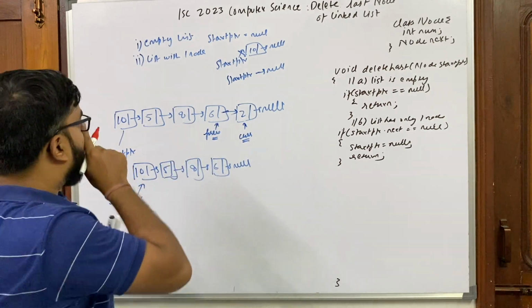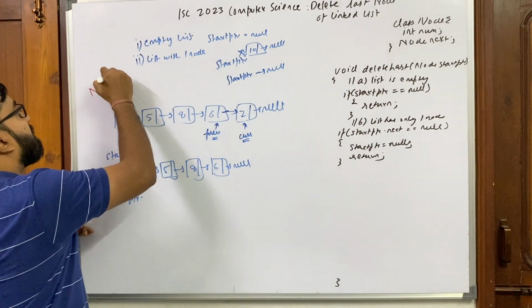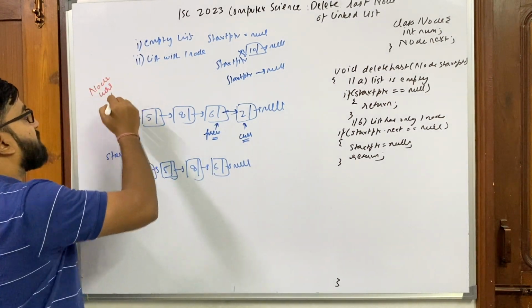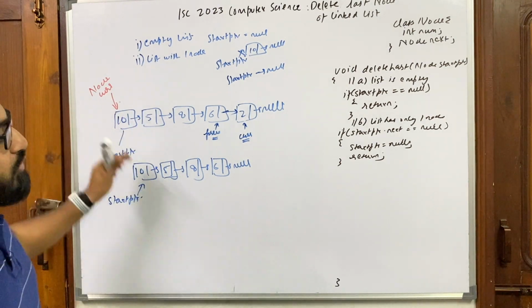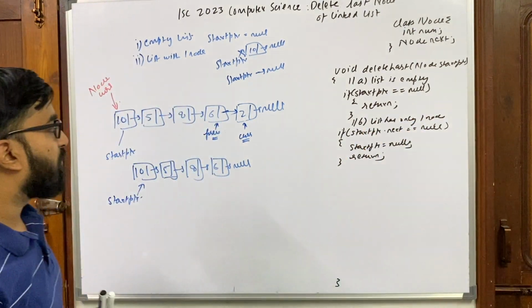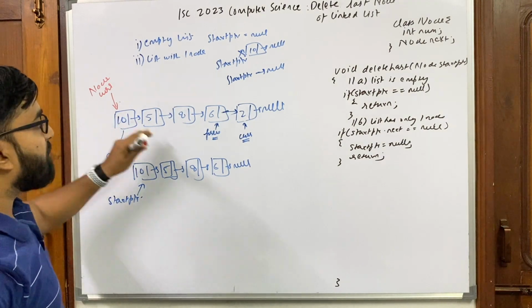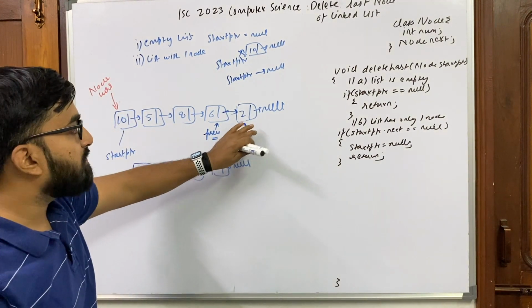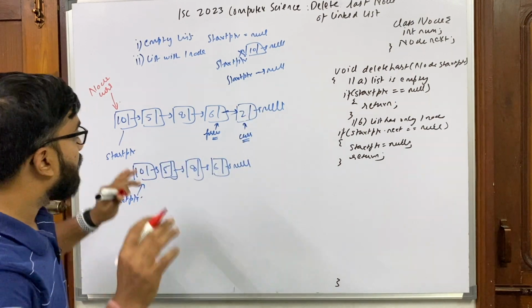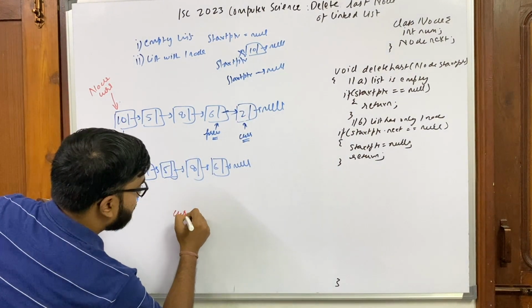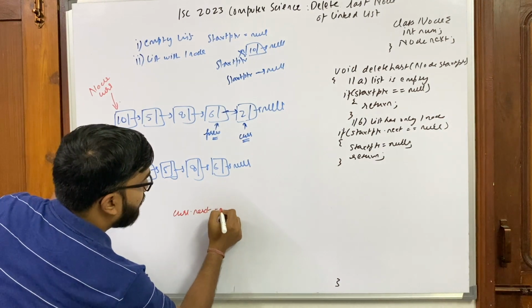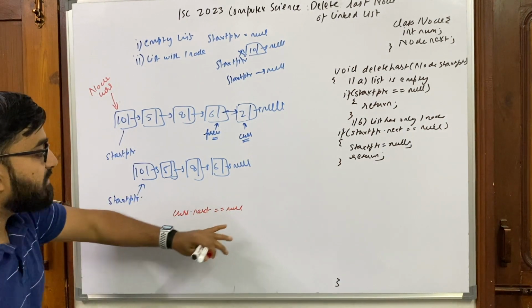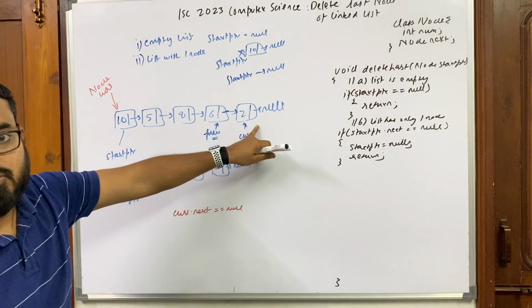If I'm able to reach current, I will get my previous. I'll tell you how. Suppose I start with my current at my first node, which is start pointer. So in the code you do node current is start pointer. And I want this current to reach the last node. What is the property of the last node? The next of the last node is null. So when current's next becomes null, when this is true, then I am at the last node.